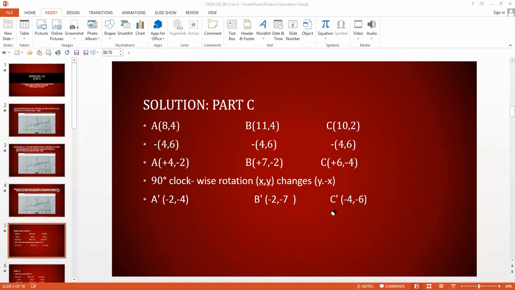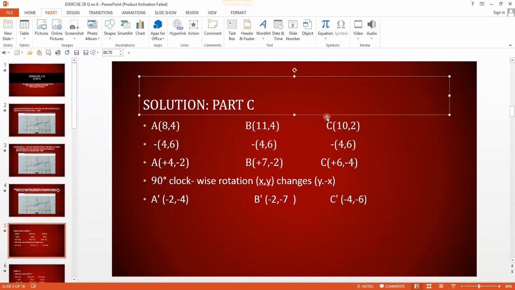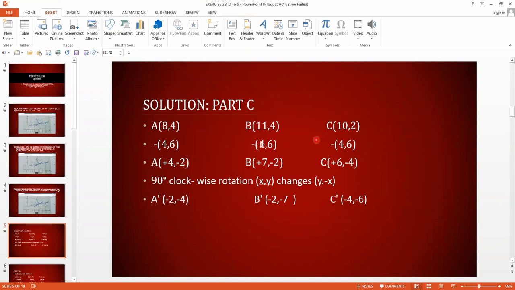Because if we want to rotate anything, first we have to move that object into the center. And for moving that object into the center, it is necessary that we subtract the given point.